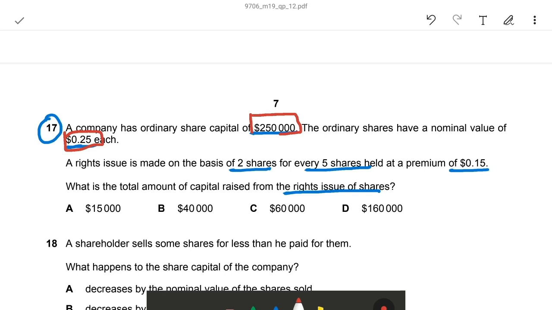0.25 plus 0.15. So first we have to calculate the total shares of the company. Then out of these shares, the business is issuing a rights issue of 2 for every 5 held. So shares are equal to share capital divided by price. 250,000 divided by 0.25 is 1 million.